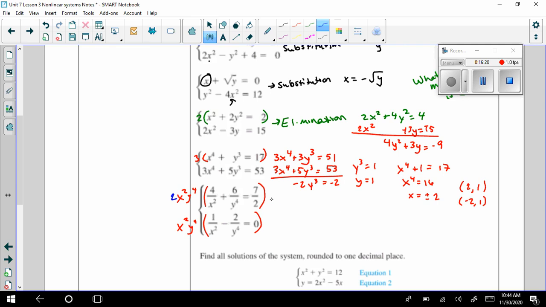So 8x to the fourth y to the fourth, oh my gosh, plus 12x squared is equal to 7x squared y to the fourth.